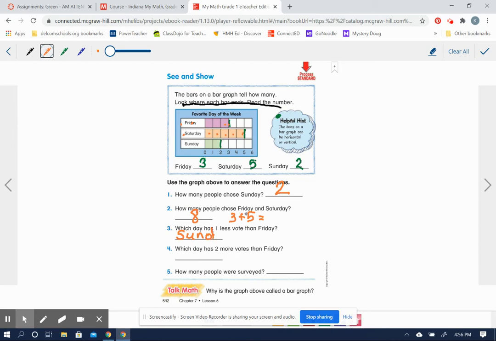But to answer that question, it's a day of the week. Sunday had one less vote because here we would be comparing the purple to the green, and there's one less right there, isn't there?